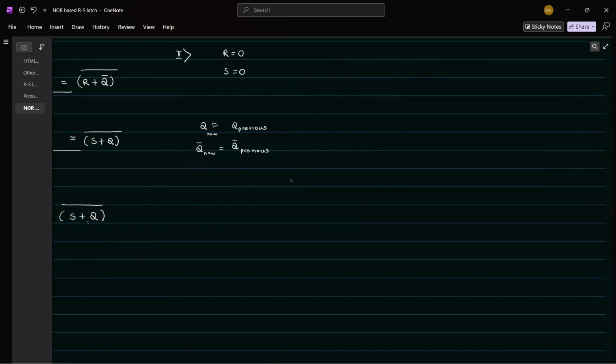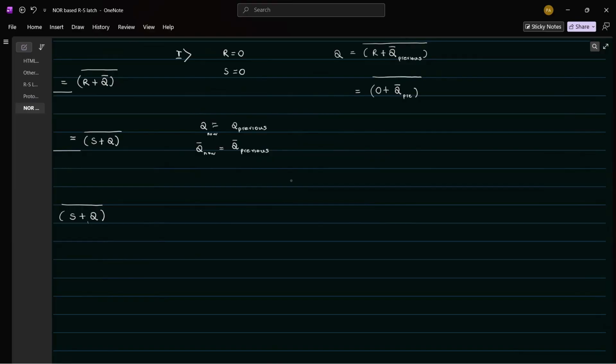Now we know the equation for Q is equal to (R plus Q bar previous) whole thing bar. Now tell me, what is this equal to? Let's simplify this. R plus Q bar previous can be given as 0 plus Q bar previous. I'm just going to use "pre" here after, it's a long word.